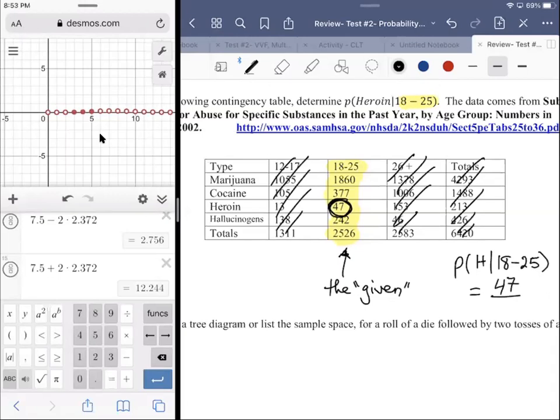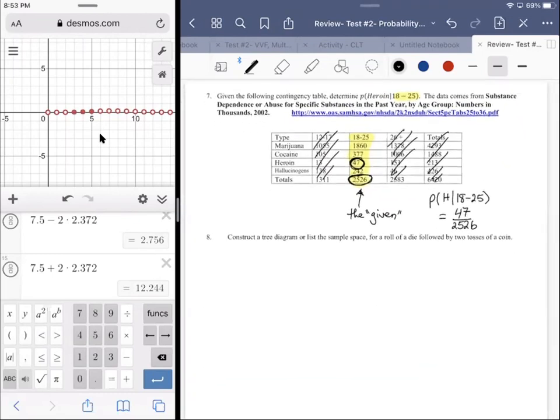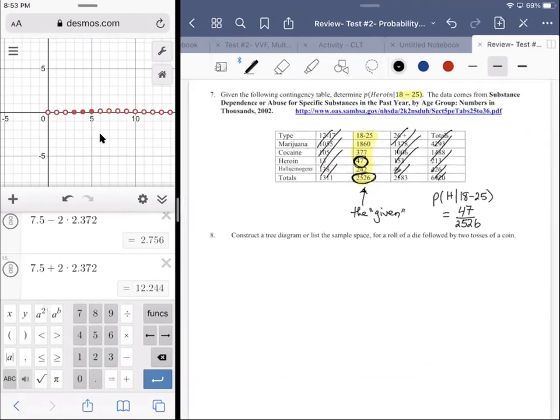And how many are in total for that category? 25, 26. All right, so it's really just whatever the second item in your probability question is, that's going to dictate what part of the table you're working with. And then from there, you just address the first part of the probability statement, in this case, heroin. All right.